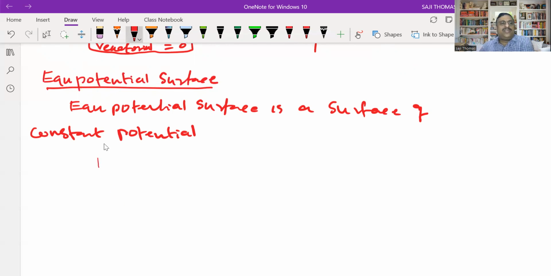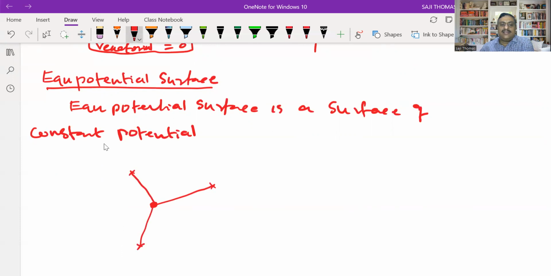You consider a point charge. I am giving an example of how to draw an equipotential surface. You consider a point charge. See, this is a point charge. You consider points at equal distance in all directions.